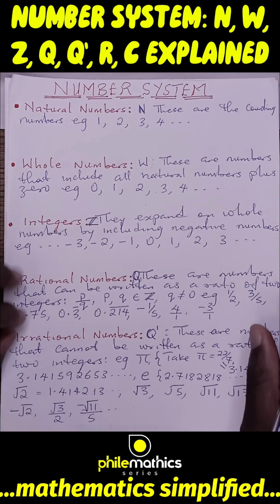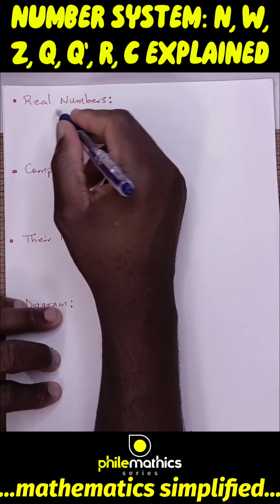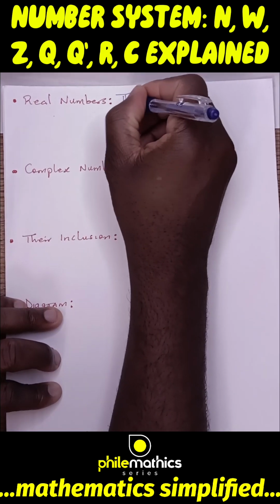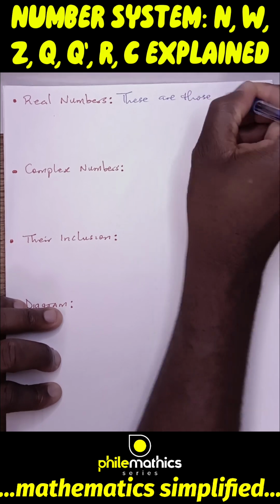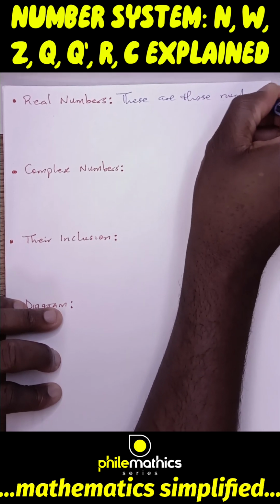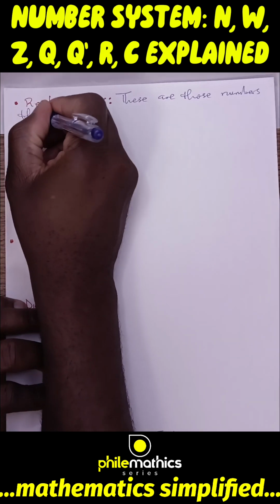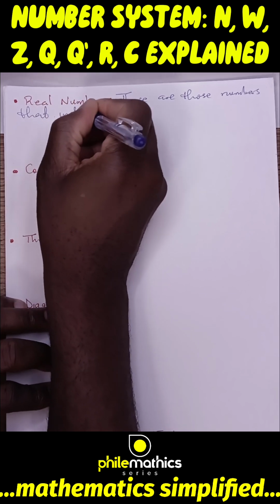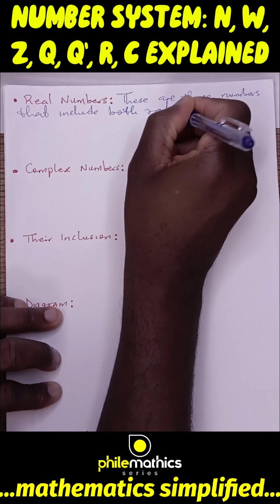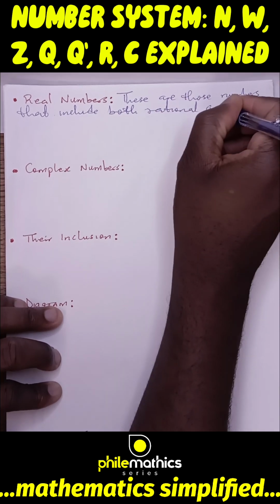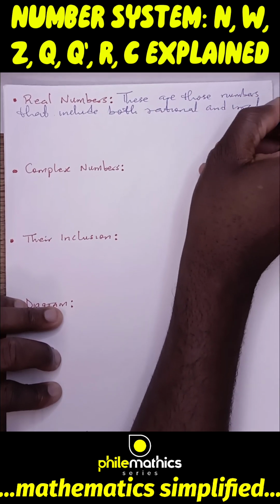The next we are going to look at is the real numbers. For the real numbers, these are those numbers that include both rational and irrational numbers.